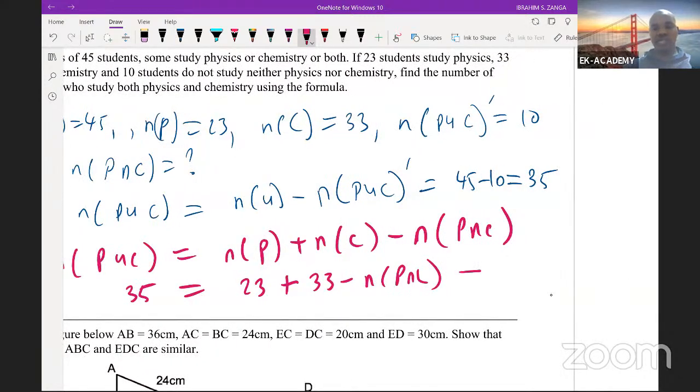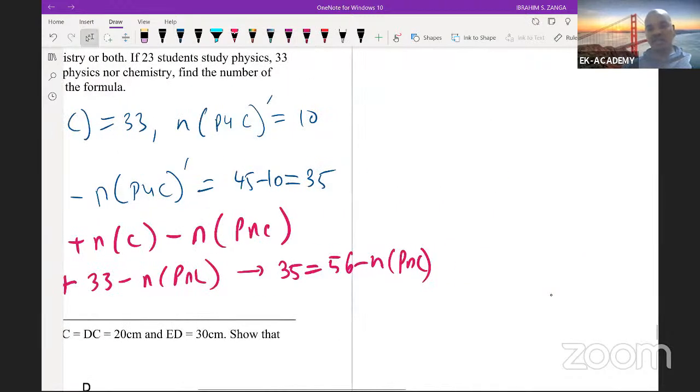We're going to proceed here. We're going to say 35 equals 56 minus n(P intersection C). So n(P intersection C) will be equal to 56 minus 35.